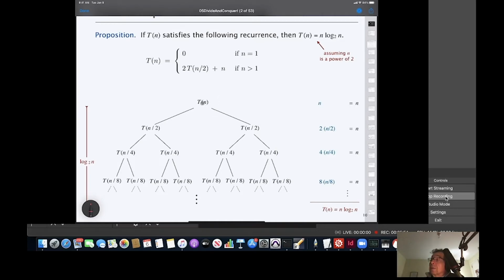So this problem, T of size n, the number of compares, let's take a look at this recurrence, will be composed by the time dedicated to the first half plus the time dedicated to the second half, or 2 times T of n over 2, plus n, the time required for the merge part. Here, dividing the file and submitting it recursively to the same function really doesn't even need to be counted.